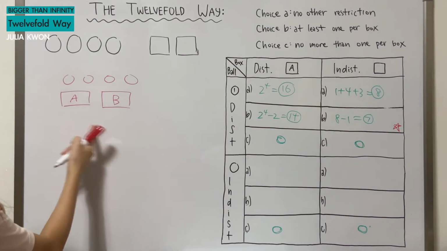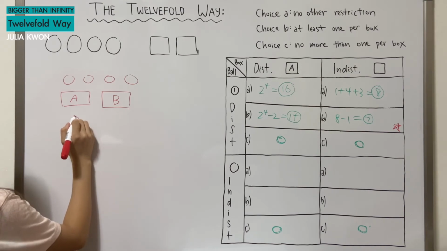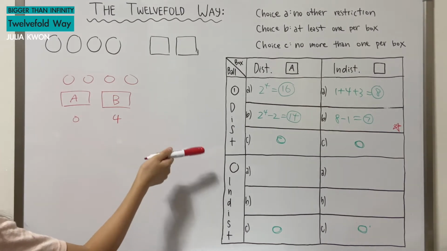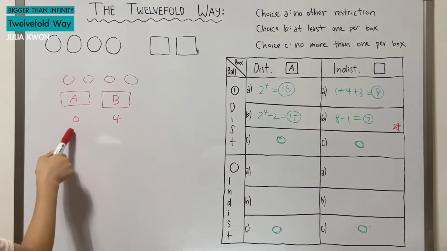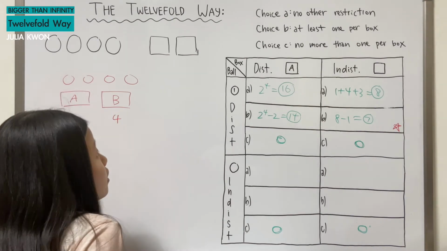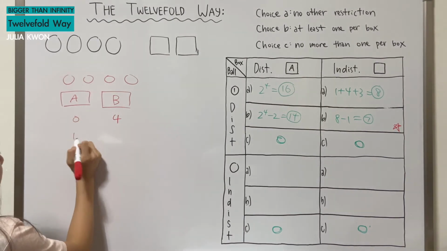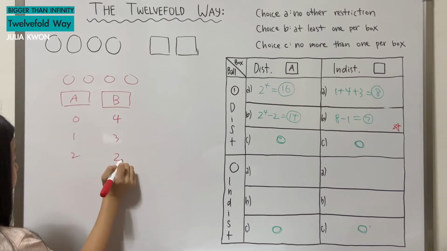We're first going to write out the number of outcomes. So there could be 0 balls here and 4 balls here. Remember that there are no restrictions for A, so we can have 0 balls in a box. And we can also have 1, 3, 2, 2.